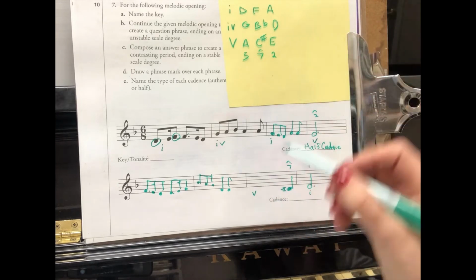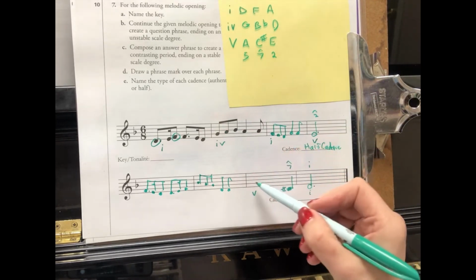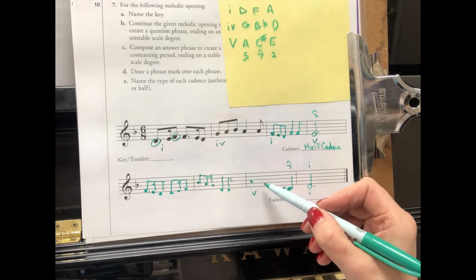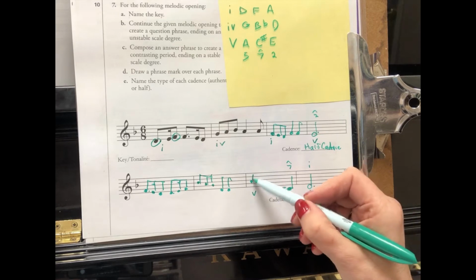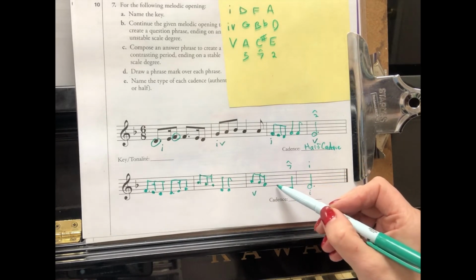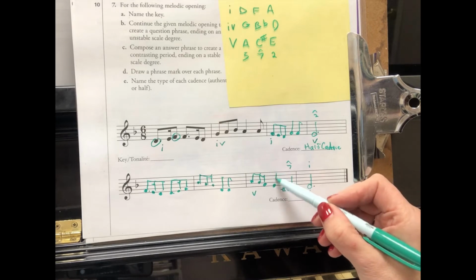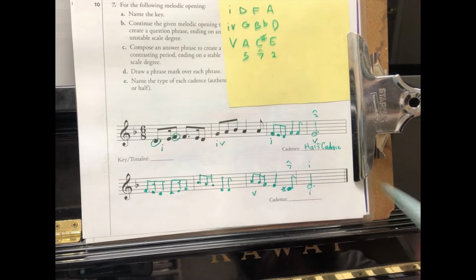So I can use the C, or I'm going to try to use this pattern, A, G, F, okay, and let's use the E. And this was going to be the 8th, and that's going to be the quarter. How does that sound? Am I too low there?